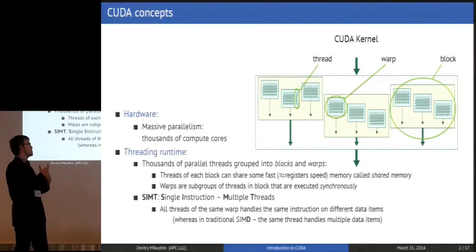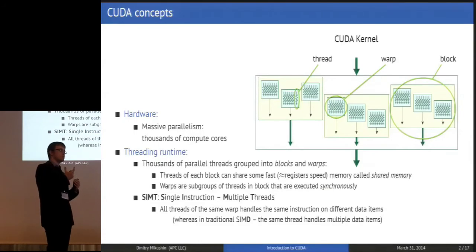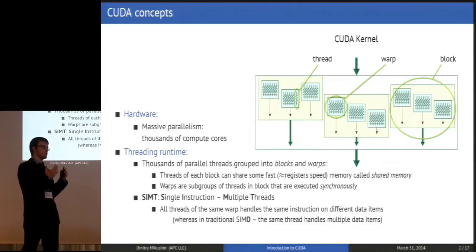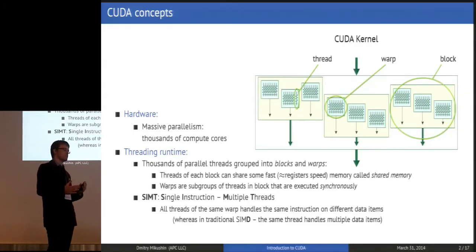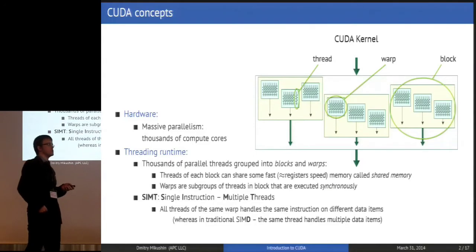So this is the GPU architecture and CUDA concept in a nutshell. We have thousands of threads, and not all of them are running simultaneously from the hardware point of view. But in terms of programming model, they are the same threads as we are comfortable with in the multi-core world.